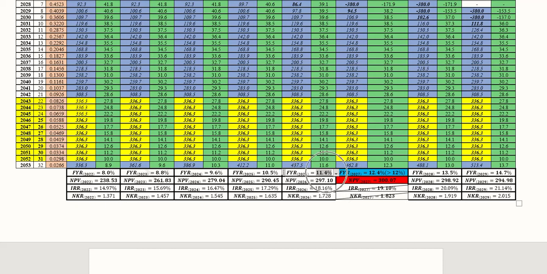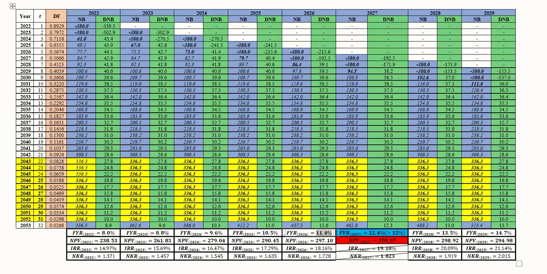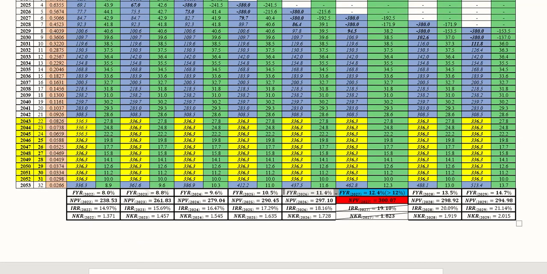Till this year, the discounting factor was used to find out the NPV, and also the first year return method, that is the year 2026. But the answer was less than the opportunity cost of the capital, which is assumed to be 12%.